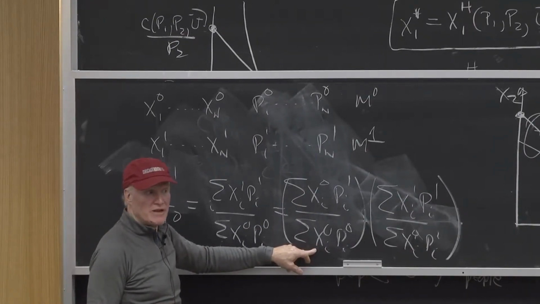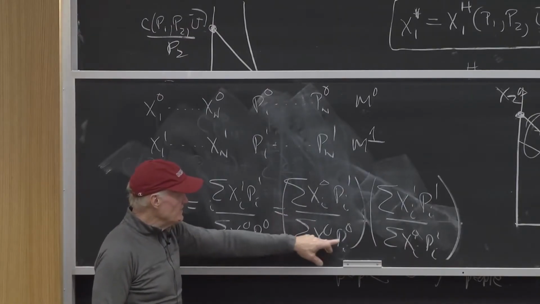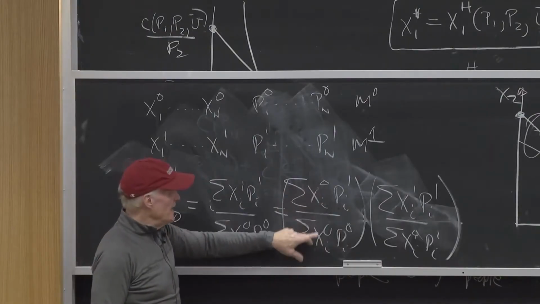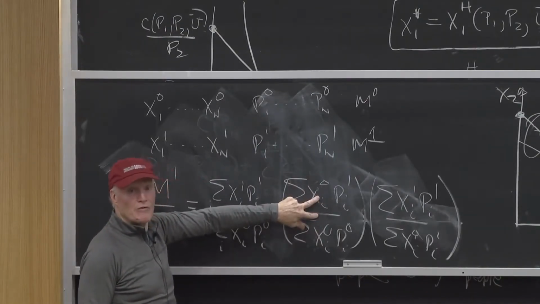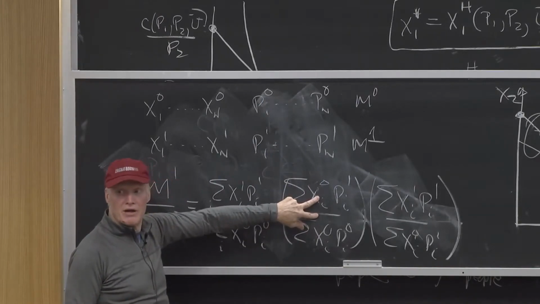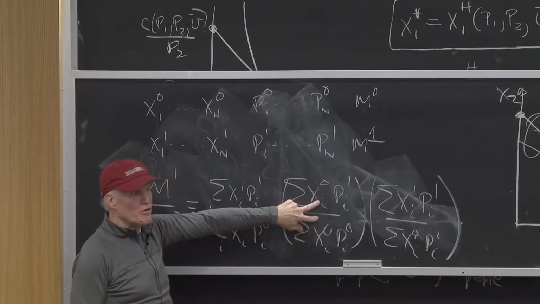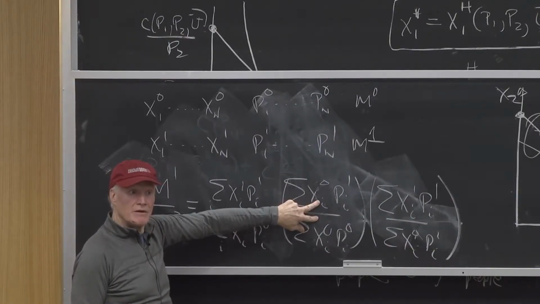It's a price index that takes my period 0 bundle and asks how much would it cost to buy it now? If this number is bigger than that number, we say prices went up. I can't afford for the same dollars to buy what I bought yesterday. And if this went down, I can more than afford to buy what I bought yesterday today. Any questions?